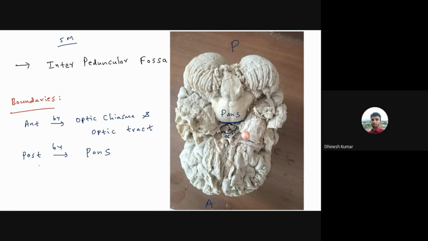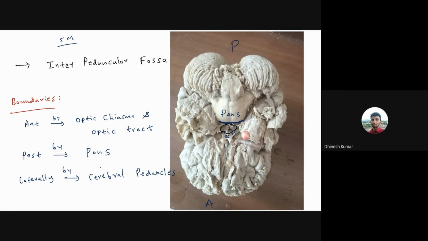Fine. Then coming to the lateral boundaries, in this diagram, you may not be able to see clearly. Anyway, remember, laterally the interpeduncular fossa is bounded by cerebral, not cerebellar, it is cerebral peduncles.